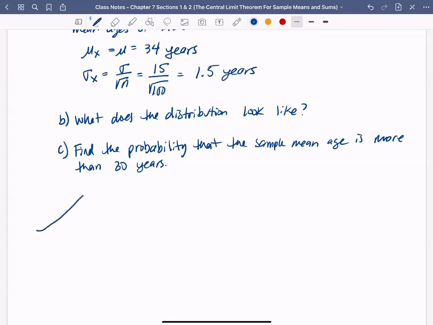So let's draw this visually. Our mean was 34, and we're going to say more than 30, so it's going to be shaded everything to the right.